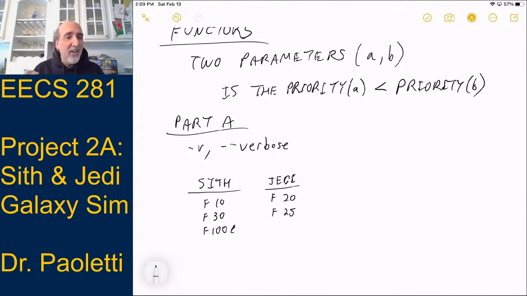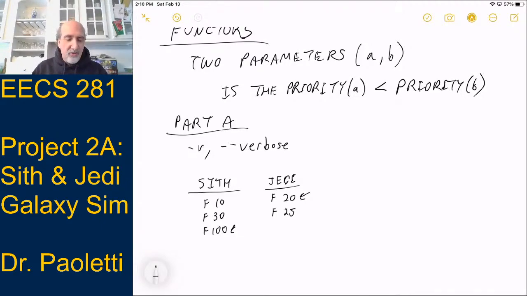The highest priority Sith is the highest force sensitivity. The highest priority Jedi is the lowest force sensitivity. So Jedi are very brave, possibly foolhardy. Even though her force sensitivity is the lowest, she's the one who charges into battle first. She's the one who has to prove that she can take this Sith out.